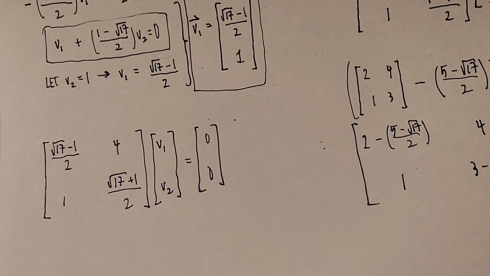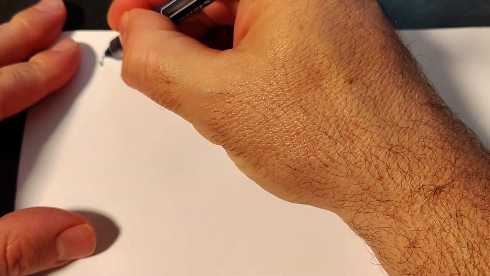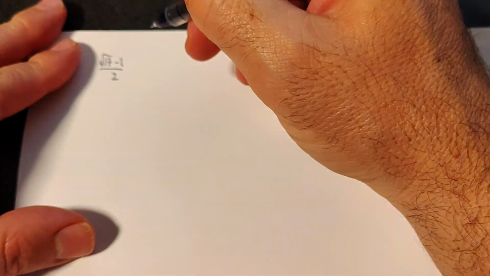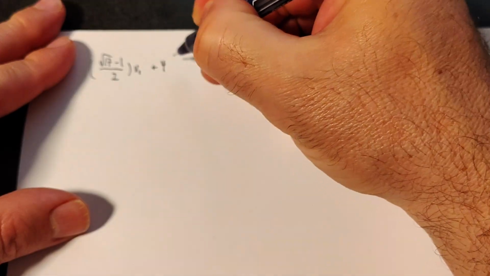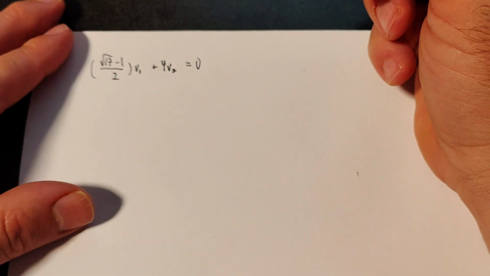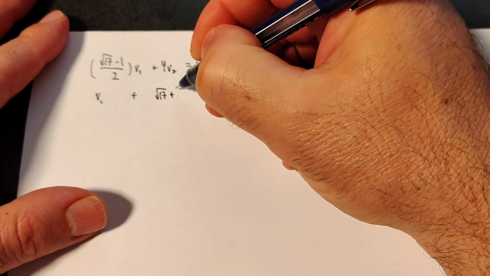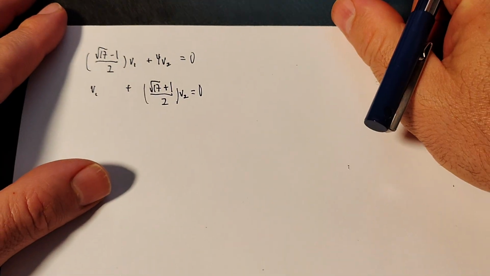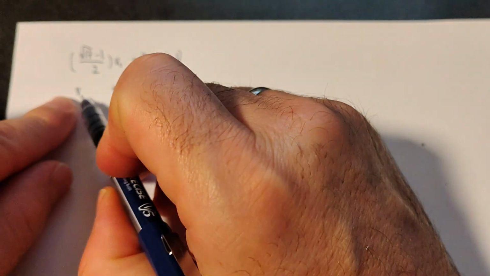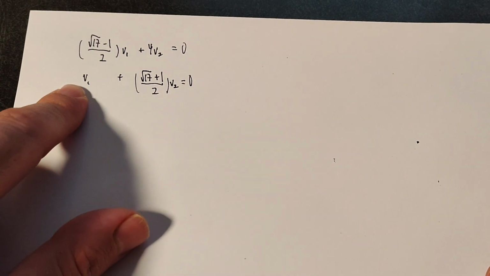All right. Let's go ahead and factor this out. When we do that, we get root 17 minus 1 over 2 times V1 plus 4 times V2 equals 0. And we have V1 plus root 17 plus 1 over 2 times V2 equals 0. And we're going to do our same trick. We have this isolated vector element here, V1. Let's just try to solve for that.